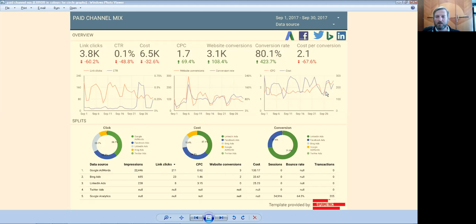So the cost per conversion is, sorry, my mistake. Cost per click. You see, this is also not wise. Cost per conversion, cost per click. You see, they're using the same words. So rather have cost per click and then in words and cost per conversion. Then you won't get confused. So the CPC is 1.7 CPC.